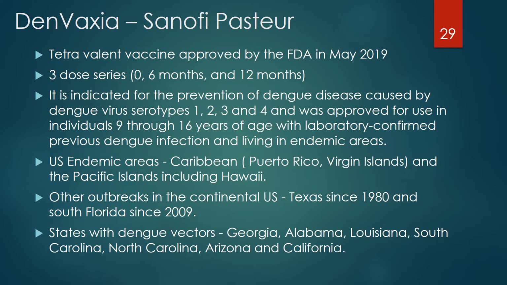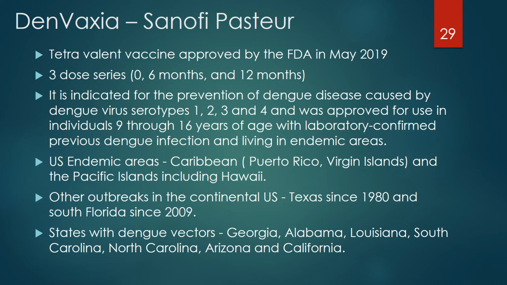Denvaxia, a dengue tetravalent vaccine developed by Sanofi Pasteur, was approved by the FDA in May 2019. Denvaxia is given in a 3-dose series at 0, 6 months, and 12 months.